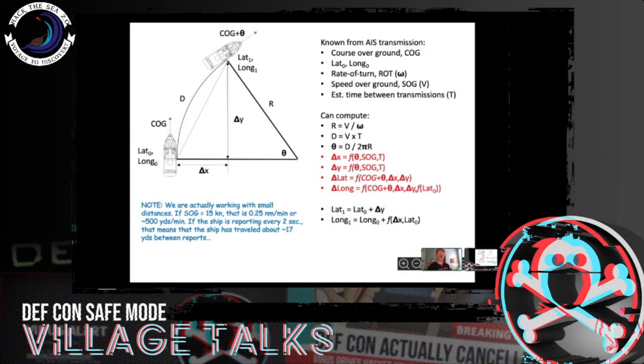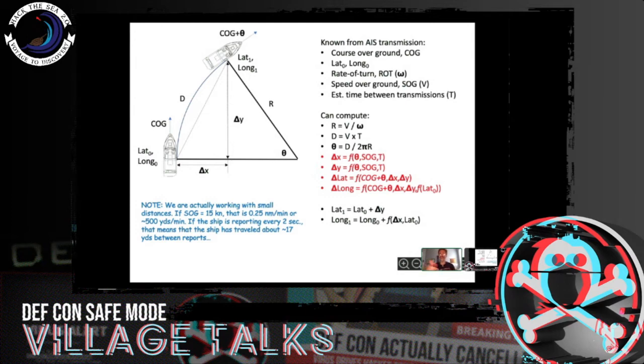I will observe that I can figure out the radius of this circle because it's going to be related to the speed over ground and the rate of turn. I can figure out the distance that I've traveled, the arc, if you will. That's going to be related to the velocity times the time between the transmissions.